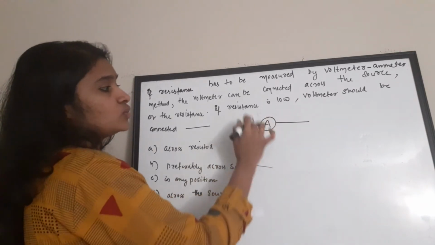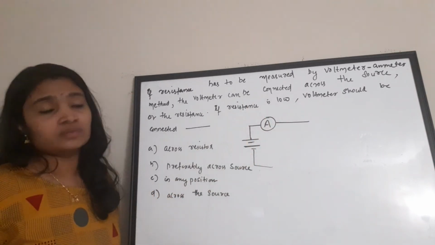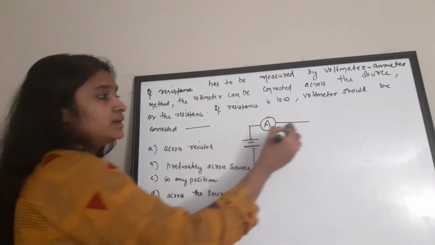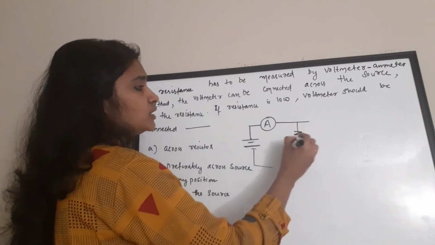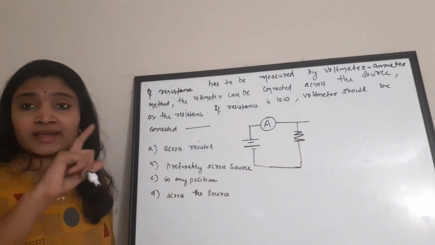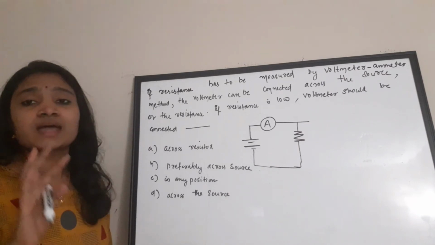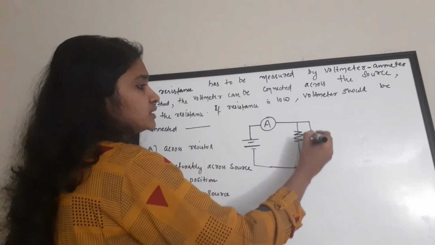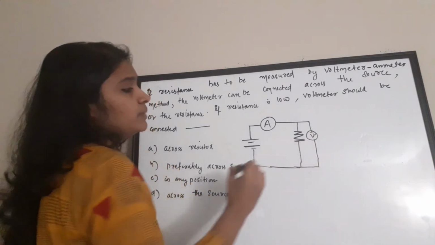So in order to find the total current of the circuit, we use the ammeter. And if we want to measure the voltage across any device, we connect the voltmeter across that device. That is the standard method of using a voltmeter ammeter method. So like this we will be connecting.